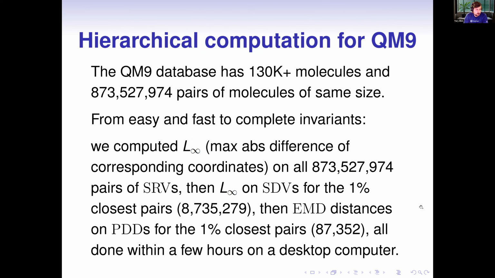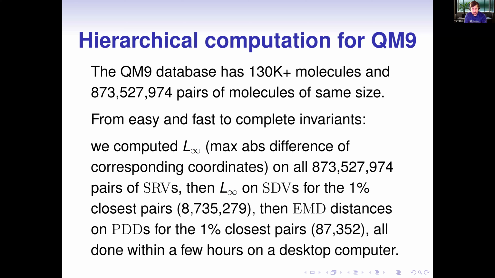And so what we did is that we had this QM9 database of 100,000-plus molecules, and basically this corresponds to this large number of pairs. And so we started with this large number of SRVs, and computed the L infinity distance between all the pairs of SRVs.